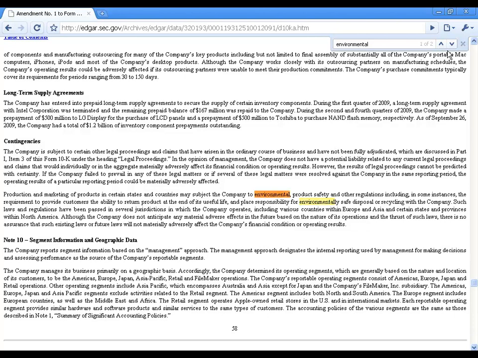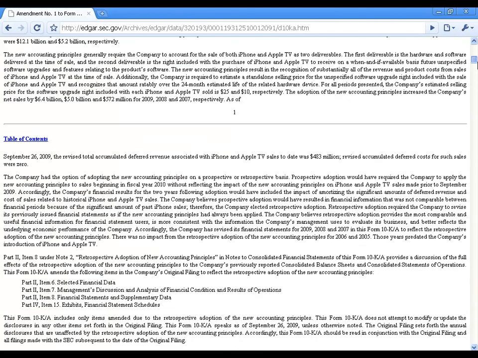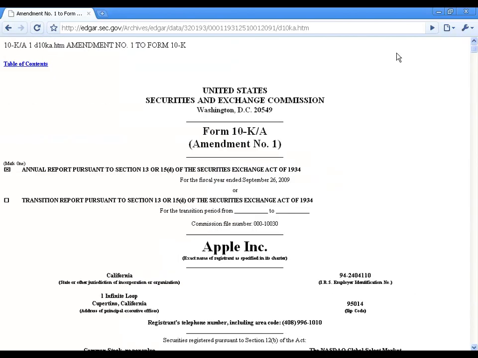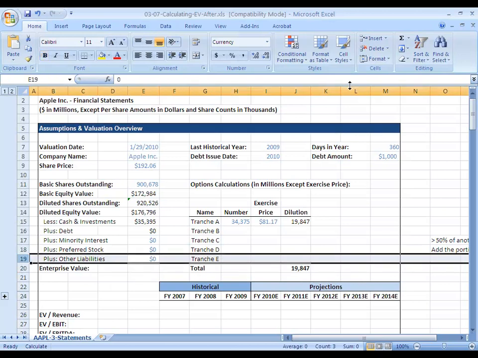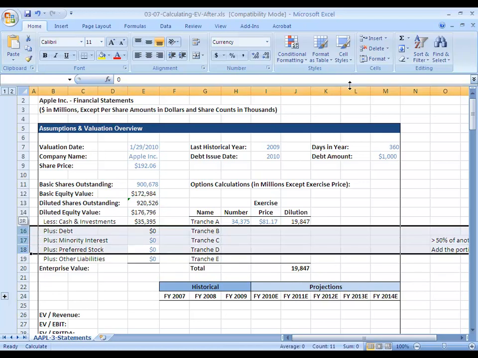We're going to save the detail on these for the next video where I go into some advanced additions to the enterprise value formula, but keep in mind for now that other liabilities here is just sort of a catch-all for any type of obligation that doesn't fit into these categories above that still needs to be added to enterprise value to reflect the fact that it has to be repaid at some point in the future, or that if we acquire this company, then we as the buyer have to repay it, and so it's going to add to the true cost of the company.